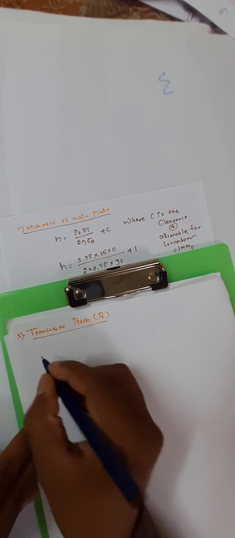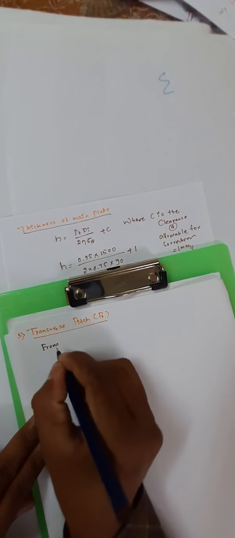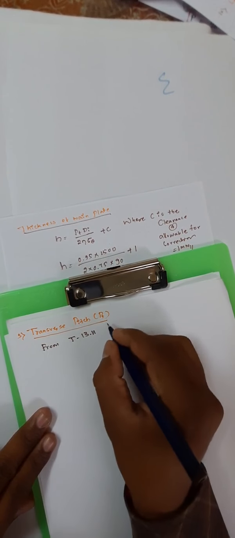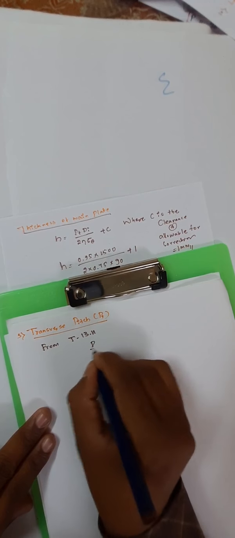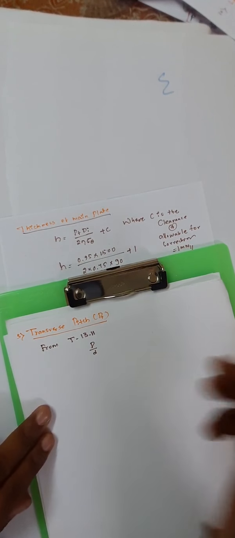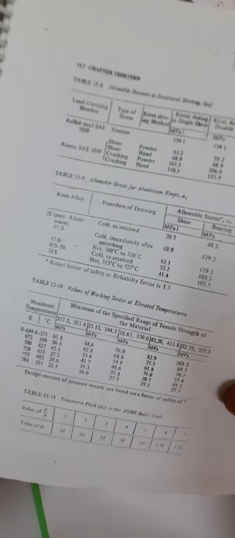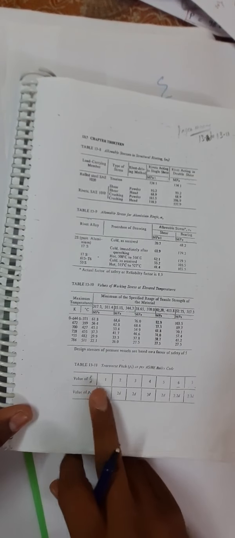So, from table 13.11 for the P by D ratio, I will show you the table number 13.11. Okay, this is the table number 13.11, for the transverse pitch. So, this is a P by D ratio.